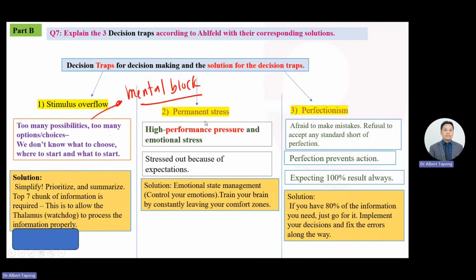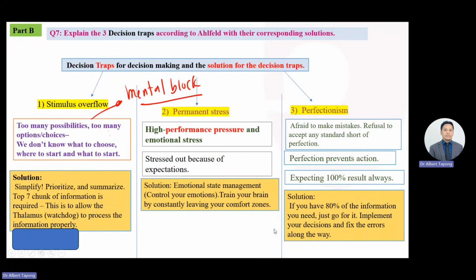The second one is stress or permanent stress. It means high performance pressure or emotional stress or being stressed out because of expectations. What is the solution here? Emotional state management. You have to control your emotions and train your brain by constantly leaving your comfort zone. Maybe you try something new. Maybe you practice.